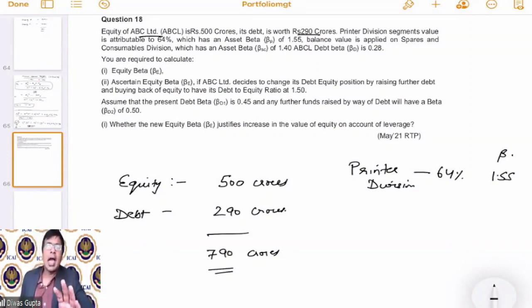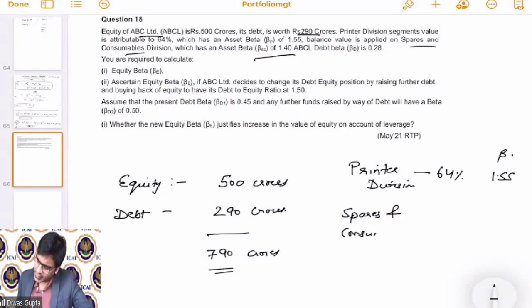And the balance value is applied on the spares and consumables division, which has an asset beta of 1.4. Because if 64% is in the printer division, 36% is in spares and consumables.